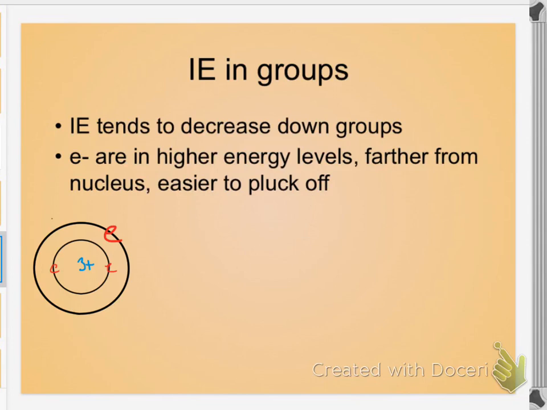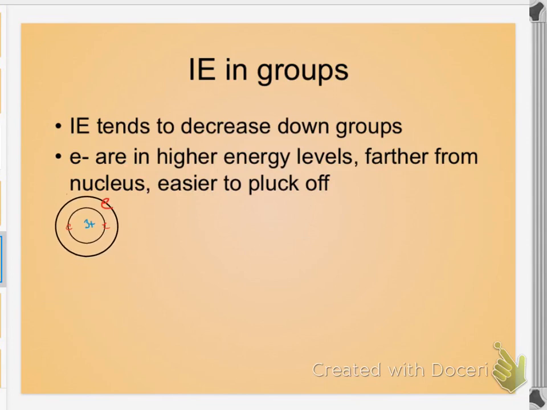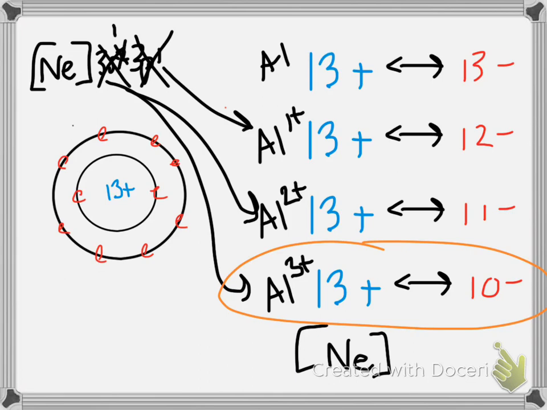Not too shielded. So pretty well held on to by the nucleus. Can you get that electron off? Yeah, of course you can. This wants to be like a noble gas, so you can definitely pull that electron off. But it's not all that shielded, so it's fairly well held.